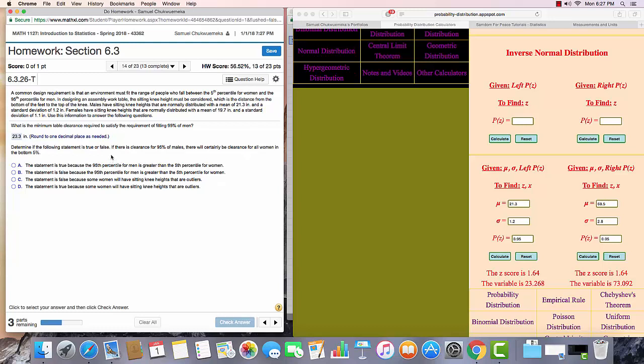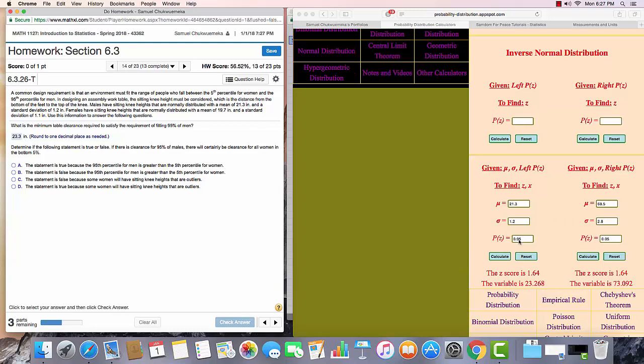Because I want us to check side by side. I have the figure 23.3.